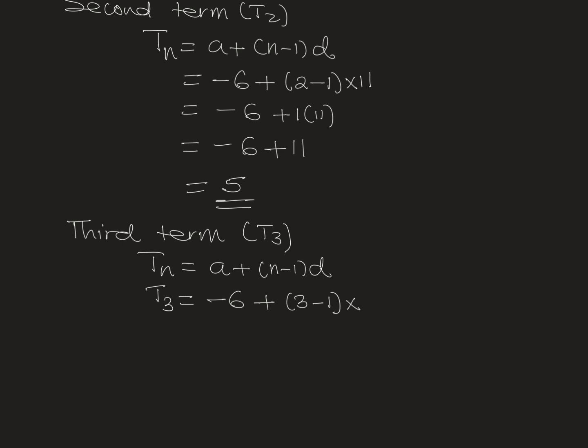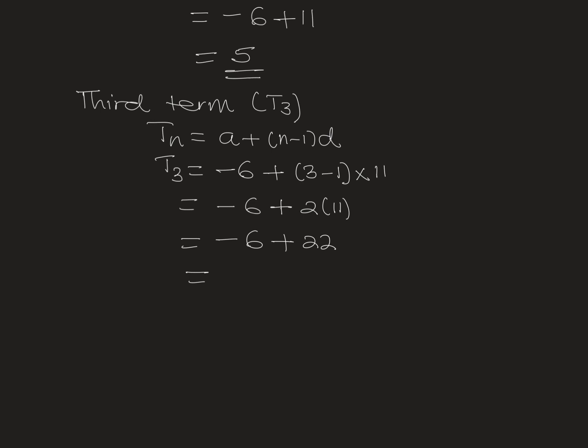The difference is 11. So that will be minus 6 plus 3 minus 1, which is 2, multiplied by 11. So minus 6 plus 2 times 11, which is 22. So minus 6 plus 22 is 16.